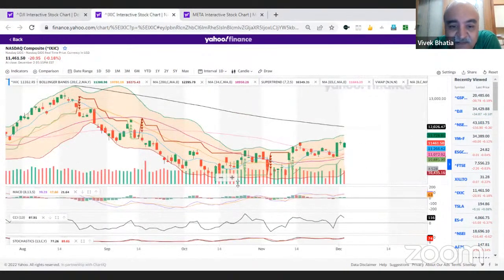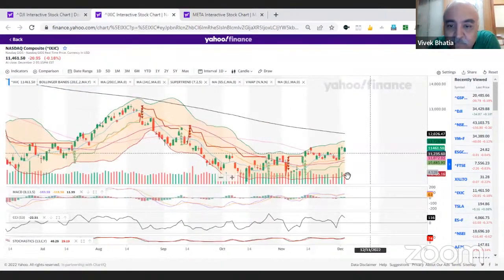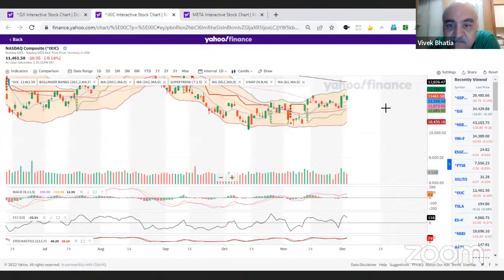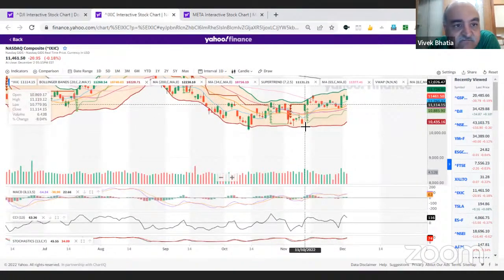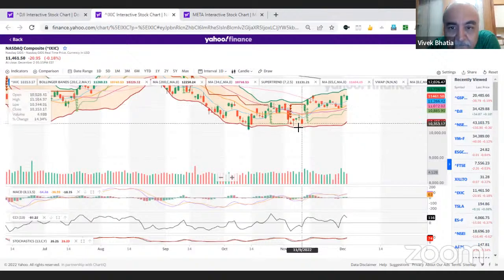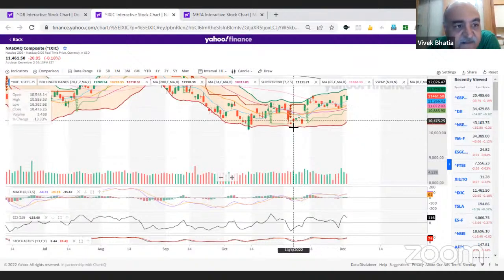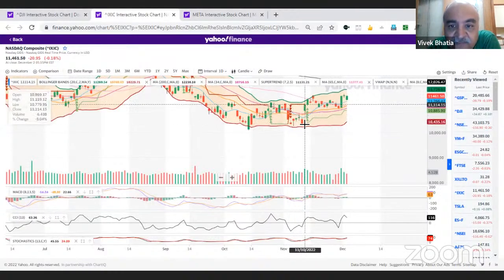Nasdaq, 1 second. $740 minus 240. That's 500. 500,000.